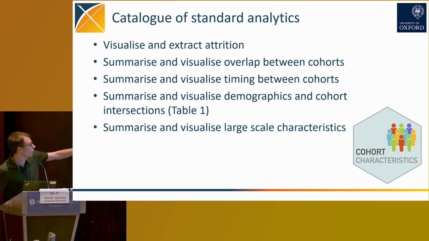Finally, and the most important one, what we usually call in epidemiology table 1. We can build table 1 to describe the demographic characteristics, cohort intersections, and all the characteristics of a certain target population. And finally, the large scale characteristics, which is a data-driven thing.